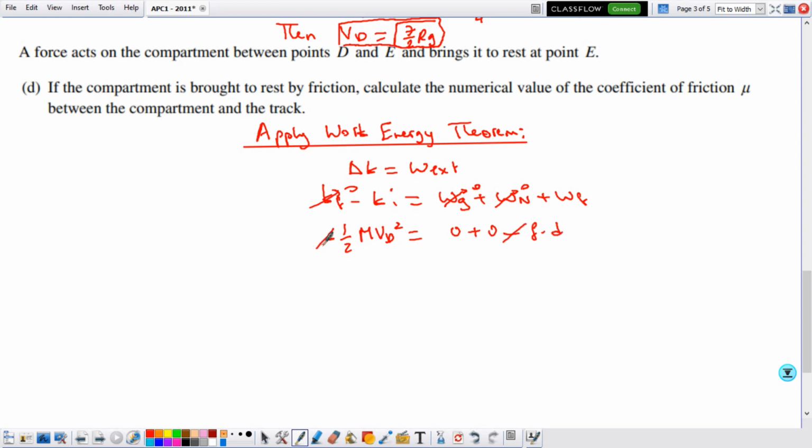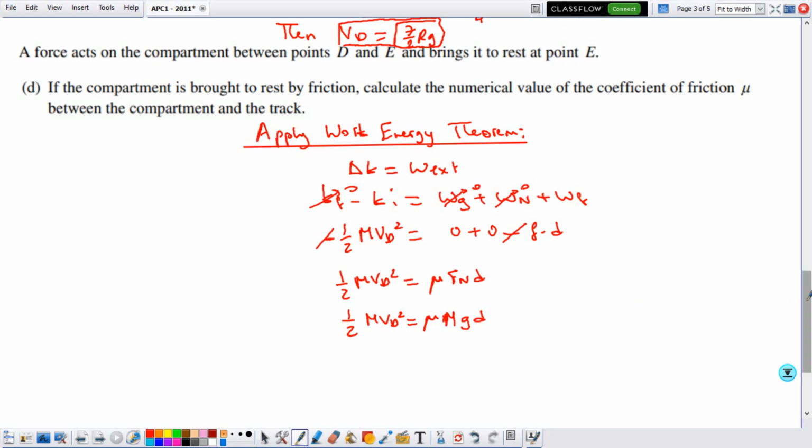Now the minus with the minus cancel, and that would be half m vD squared equal to mu m g d.